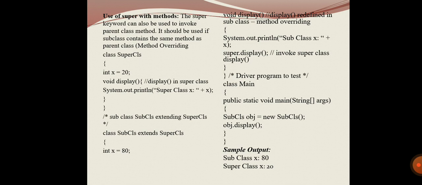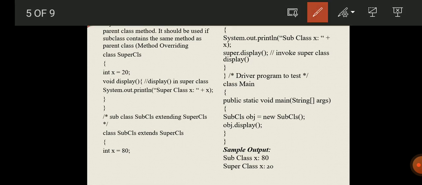Next, use of super in methods. Next we have to see how it is used in a method, where the same method name is overridden. See this example. First the superclass, in which we assign x is equal to 20.